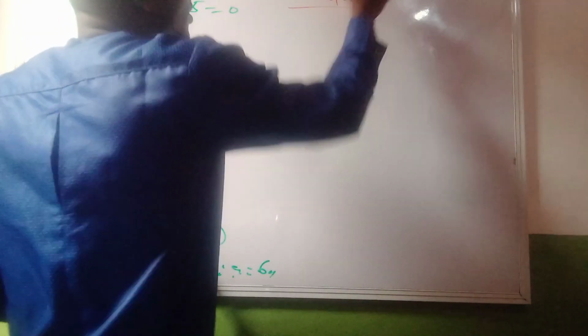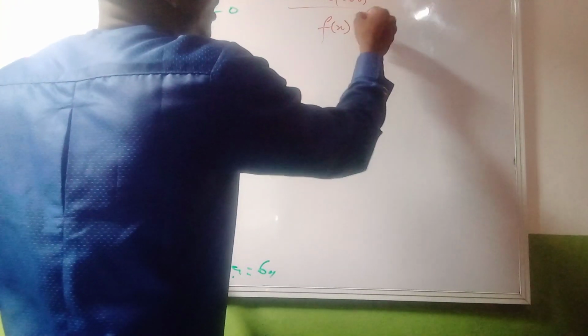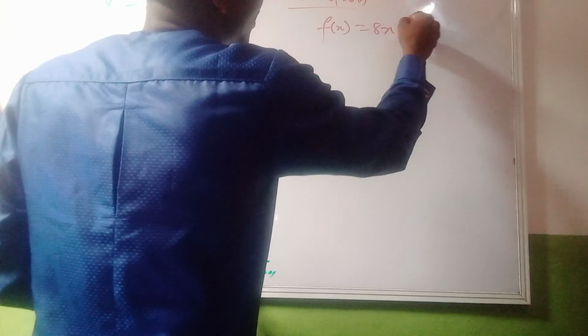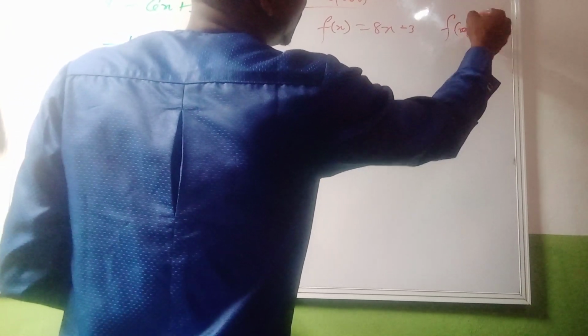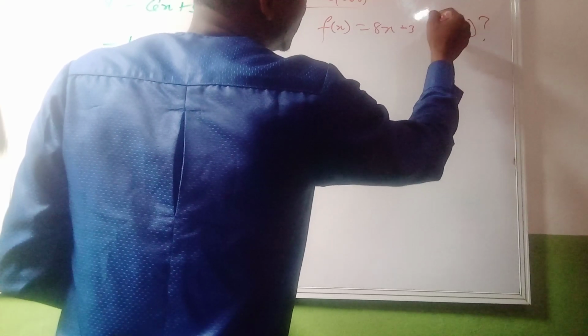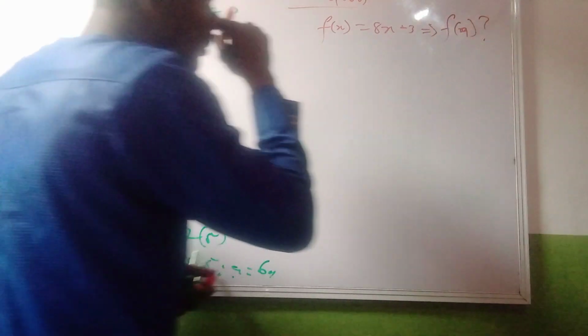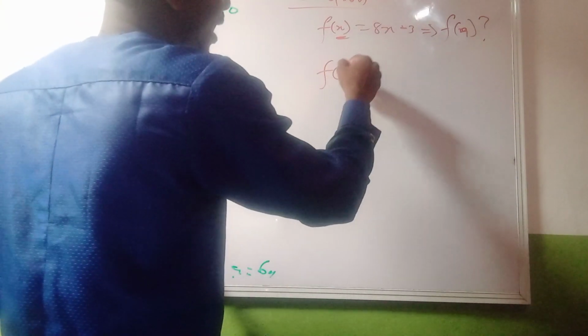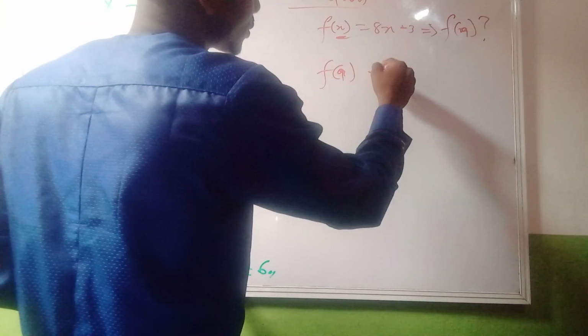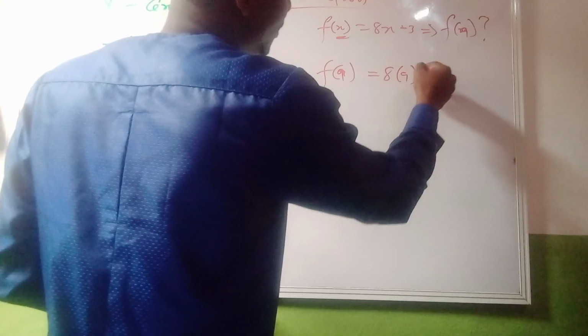Now, f of x is equal to 8x minus 3. Now we are looking for f of 9 is the question. Anywhere we see x, we put 9. That is, f of 9 is going to be 8 into 9 minus 3.